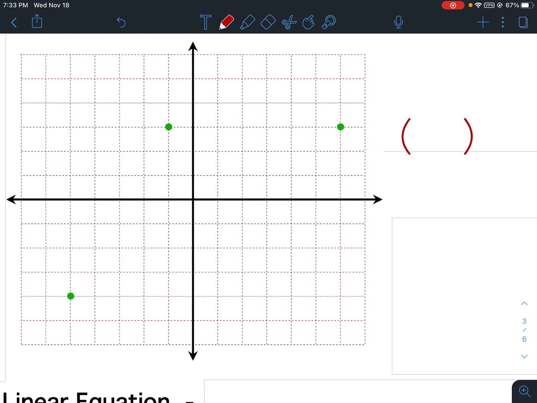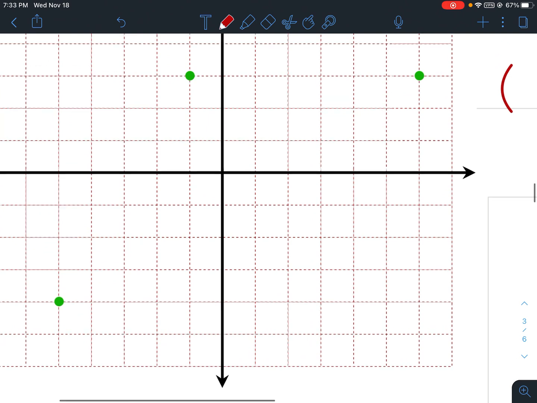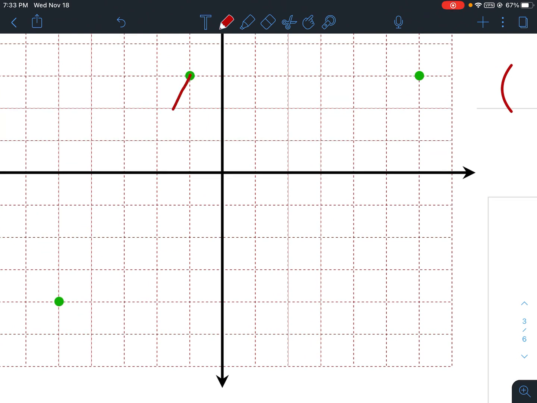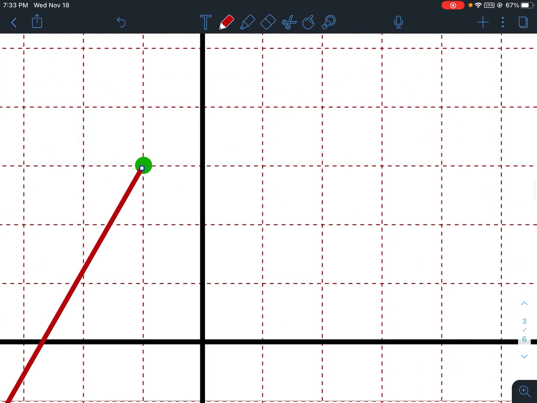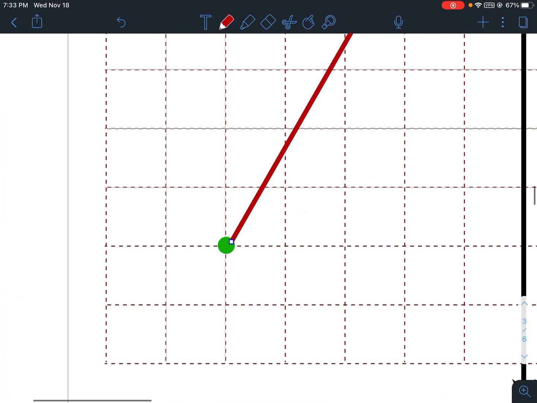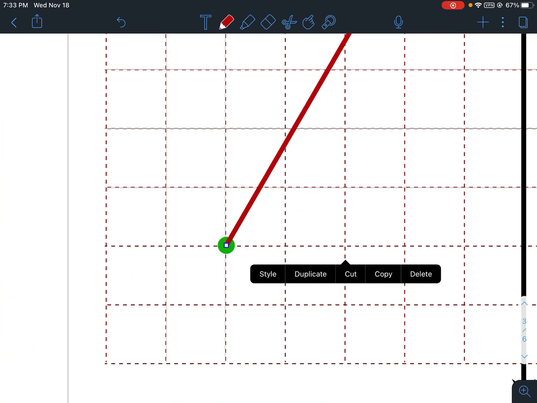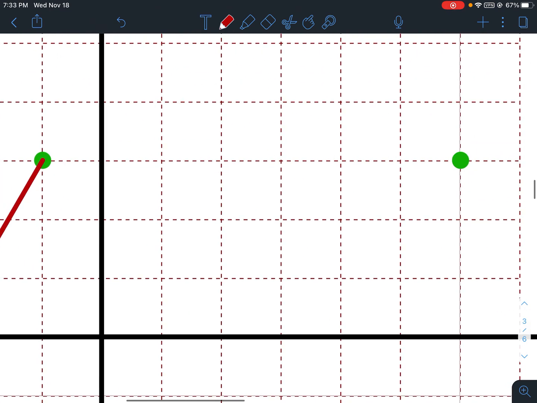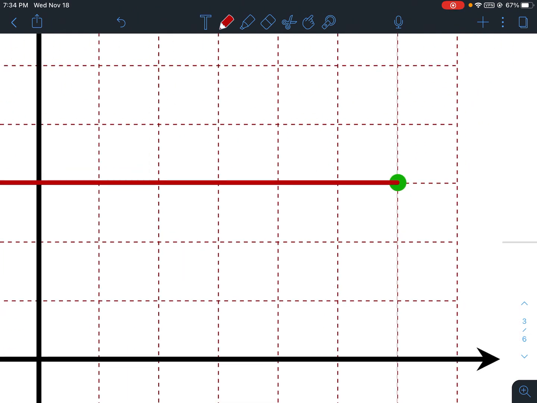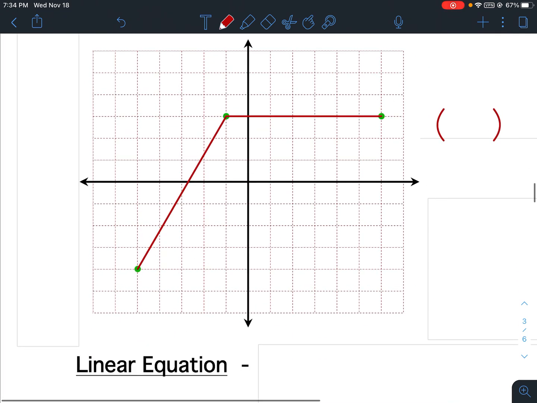All right. Go ahead, take a moment, use your straight edge, and connect those points. Okay, now we need to find the fourth vertex.